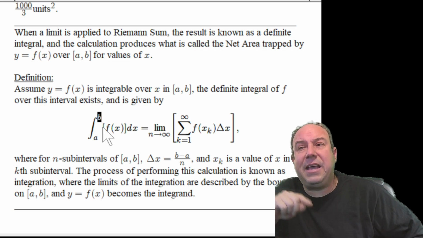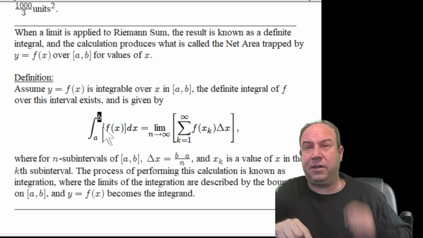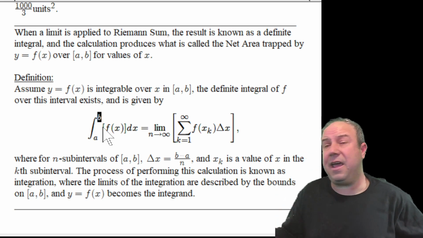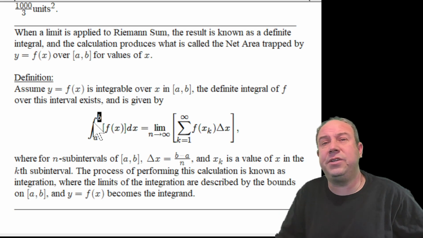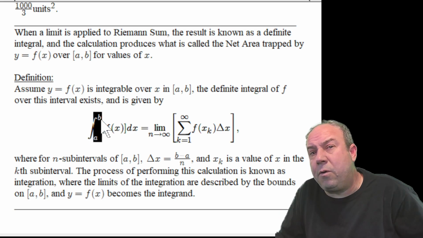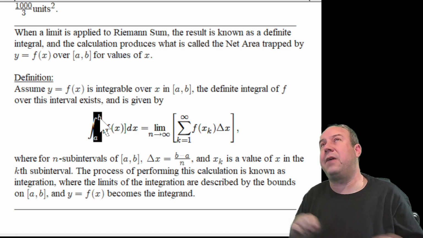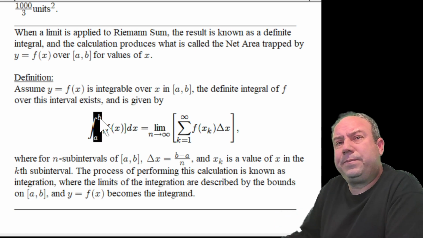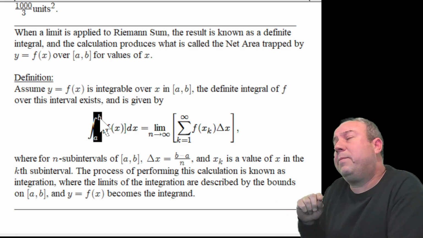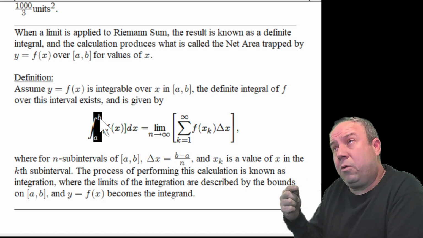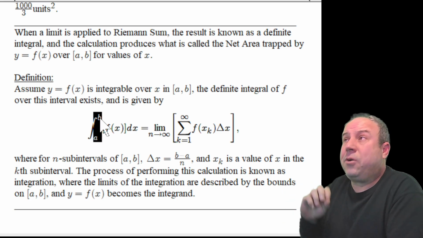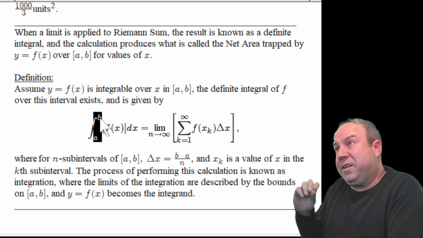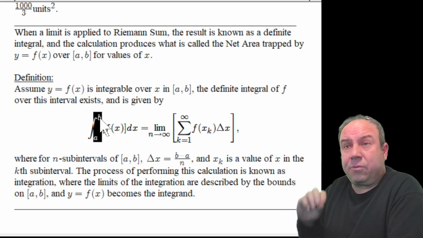Whereas, in the case for the indefinite integral calculation, we did not have boundaries on the calculation. The calculation occurred over an unbounded region of x. And when that occurs, what we obtain is going to be our indefinite integral or our antiderivative value.